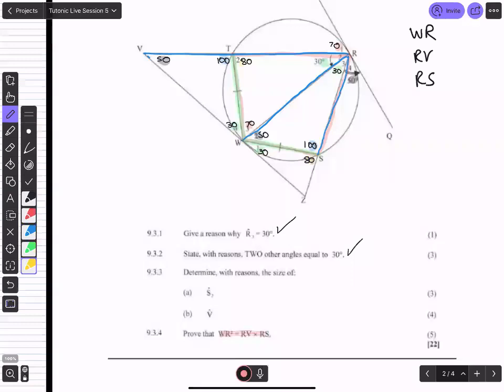RVW and RWS. Do you guys see that? Because aren't they similar? 30, 50, 100. Yeah. Okay, so therefore the triangles are similar.